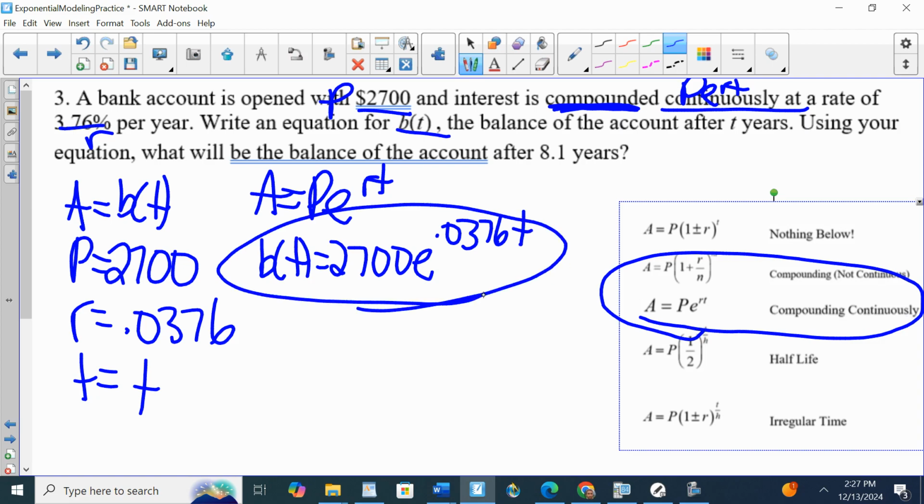That's my equation. Now that I have my equation, using your equation, what will be the balance after 8.1 years? That's T. So T is 8.1. So I'm replacing T with 8.1.